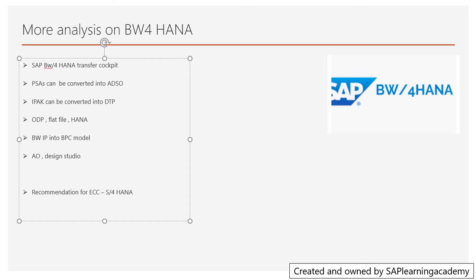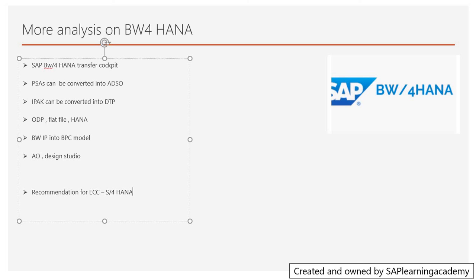Yeah, let me tell you a few more things in the housekeeping. Since we are in BW/4HANA, we are reducing the layers in the data modeling. So we are saving a lot of space in the system, and also simplifying the process chain. As you know, in BW we earlier had a long list of process chains, and we had multiple indexes, roll-ups and aggregates.